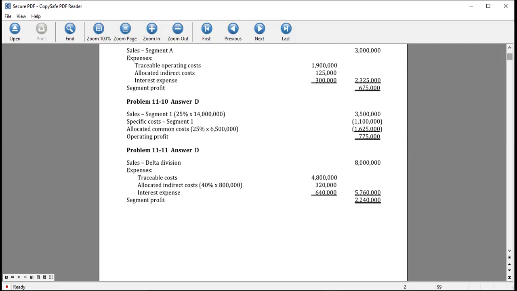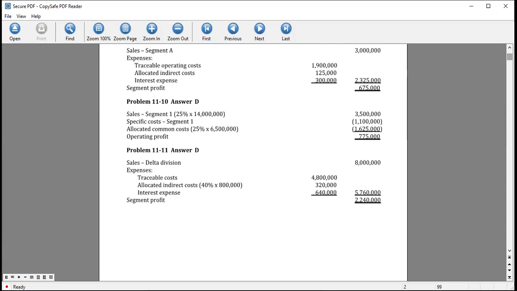So we have now the segment number, contribution to total sales, then cost specific to the segment. So what's the operating profit of segment number 1? So we now begin with sales. 25% of 14 million. That's the contribution to total sales by segment 1. So 25% of 14 million is 3.5 million. Then we deduct specific cost for segment 1, given is 1.1 million.